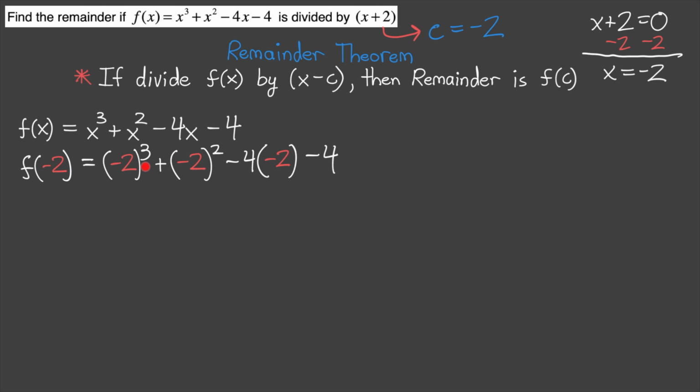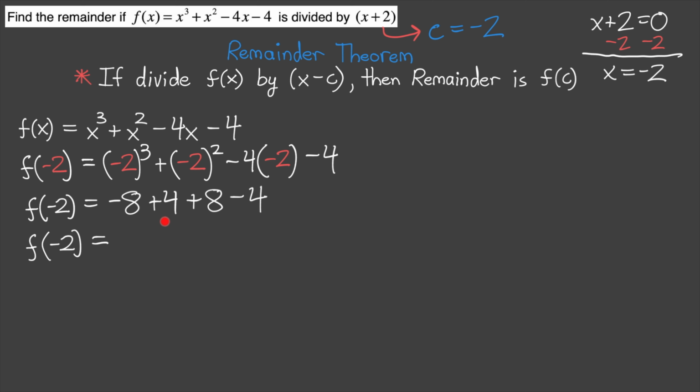So we have negative 2 cubed, which is negative 2 times negative 2 times negative 2, which is negative 8. Then we have negative 2 squared, which is positive 4. Next we have negative 4 times negative 2, which is positive 8. And then we just bring down the last term, negative 4. All right, so now we just simplify this.